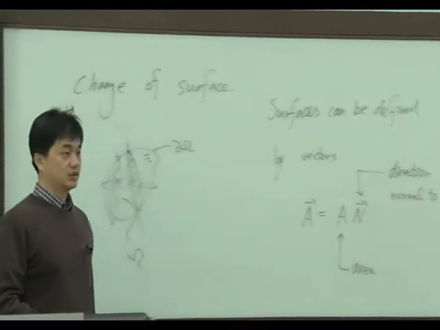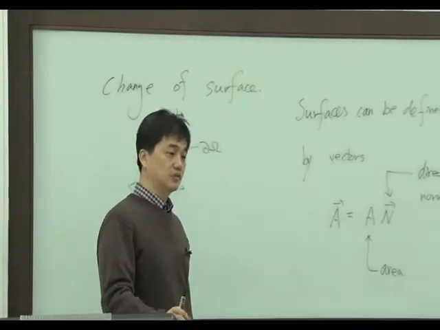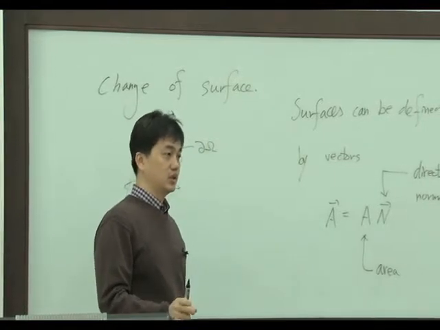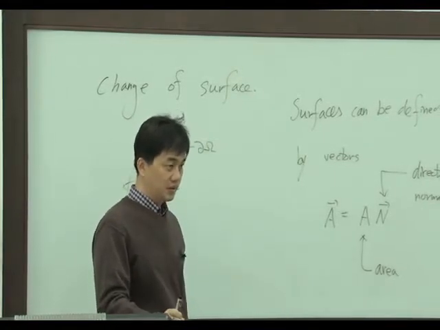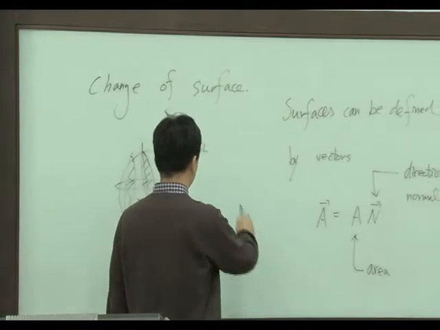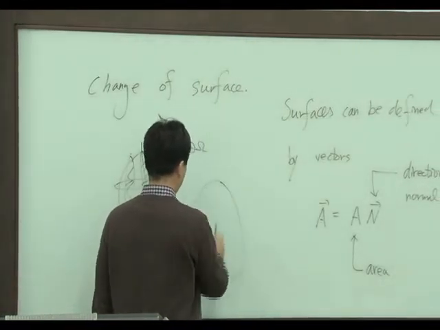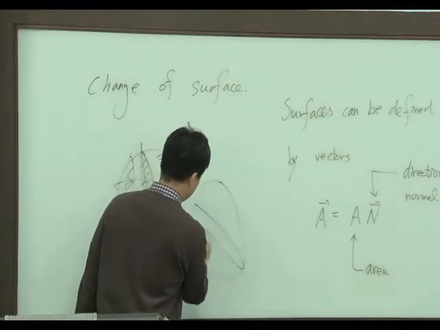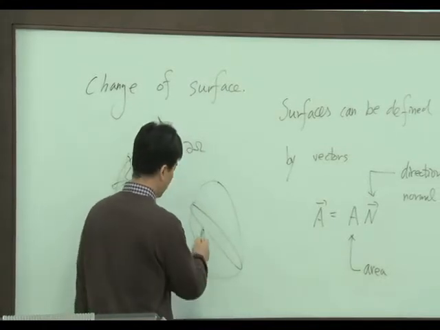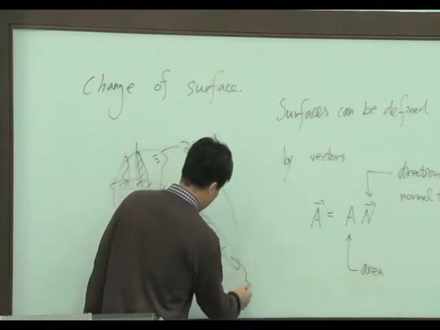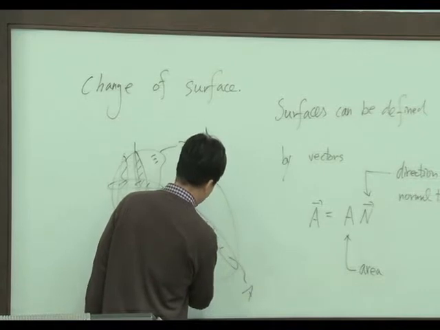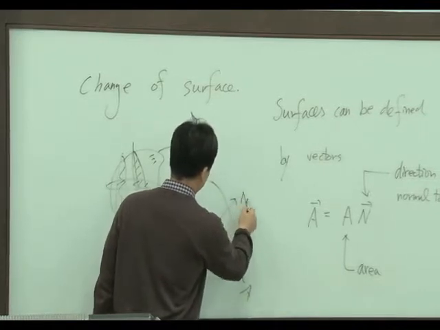So in mechanics, when we define a surface, we are using a vector. For example, let's define this internal surface, which has an area A, and its normal direction is N.